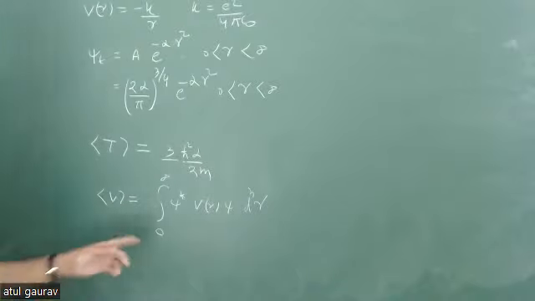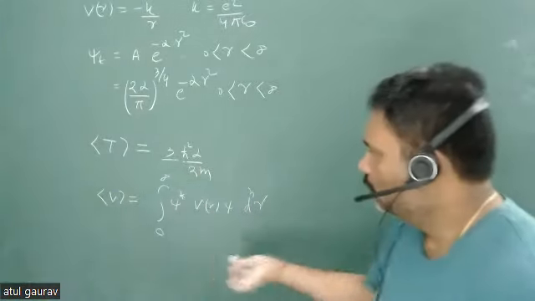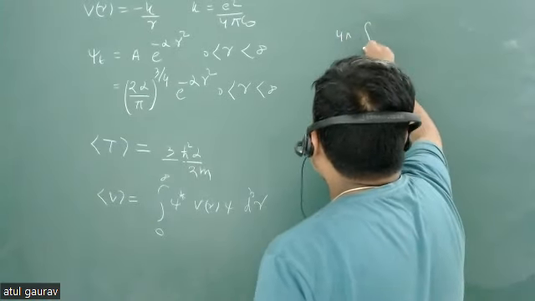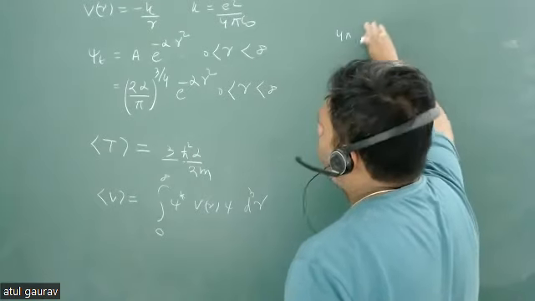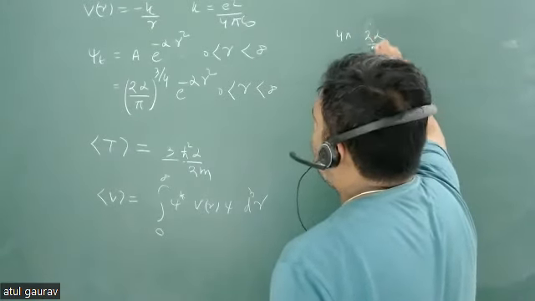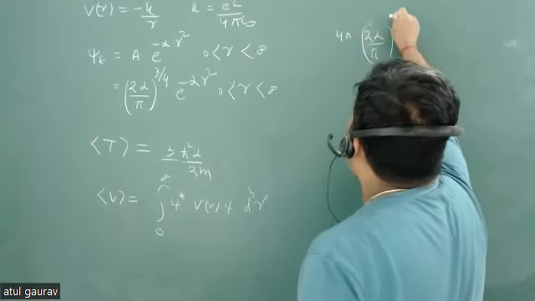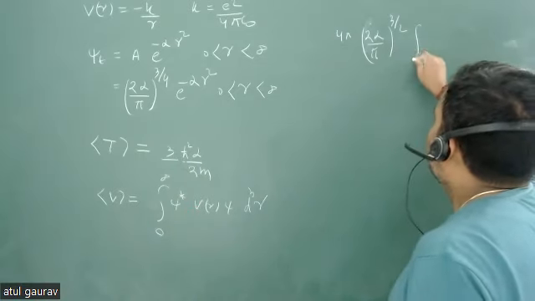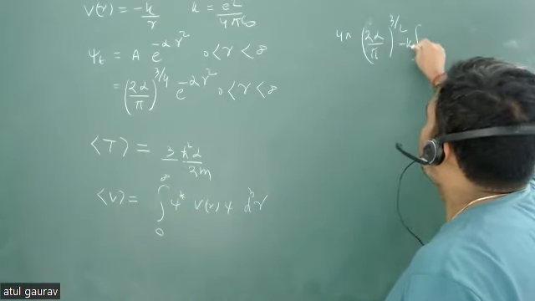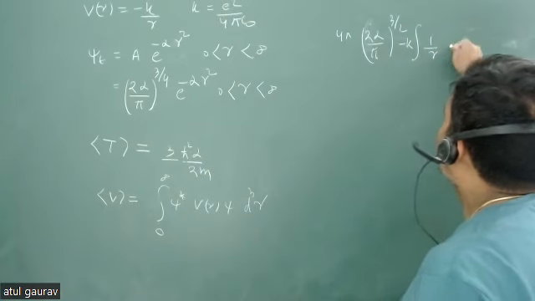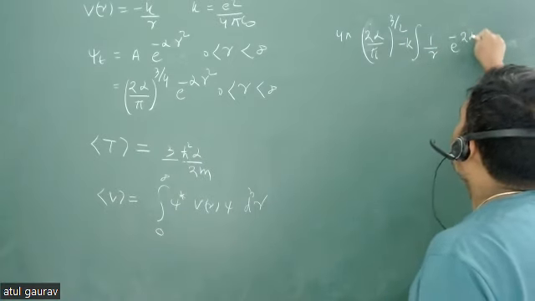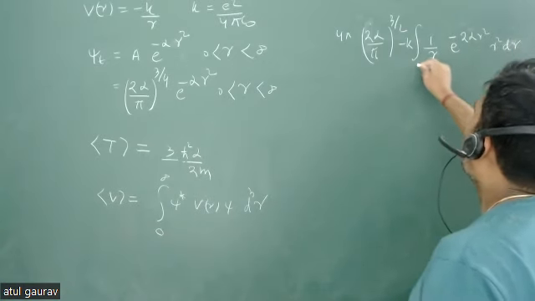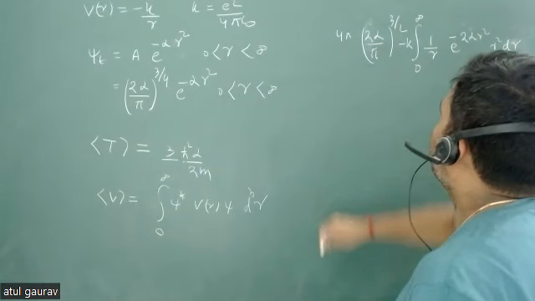Okay. So when you integrate this one, what will you get? 4 pi is there, integration, and 4 pi is there. You have 2 alpha by pi to the power 3 by 2. Why 3 by 2? For psi star and psi both. And what is your potential? Minus k will be there, 1 by r is there, e to the power minus 2 alpha r square dr, and you will go from 0 to infinity.